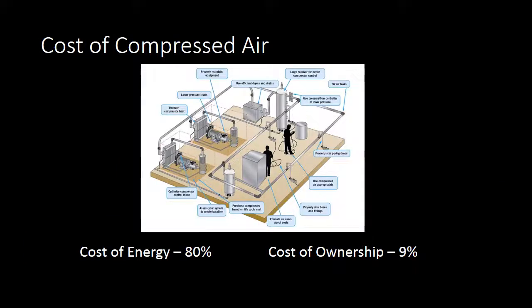Over the life of a compressed air system, energy accounts for 80% of the total cost of ownership, compared to just 9% for the initial cost of capital. Don't simply purchase the lowest cost equipment. Evaluate efficiency options to reduce costs and select system components for the lowest life cycle cost.